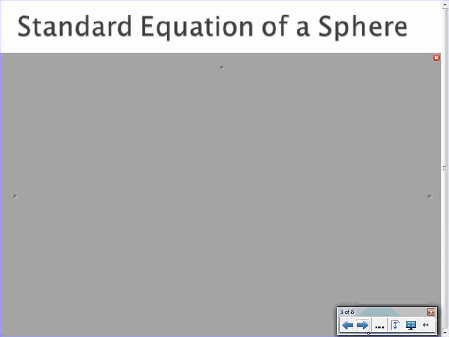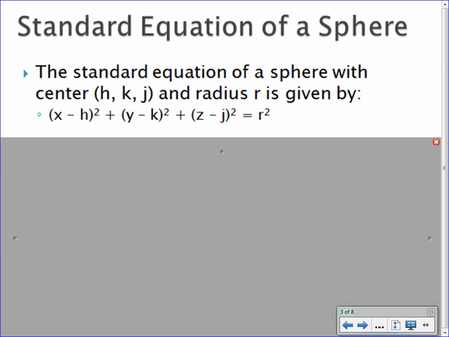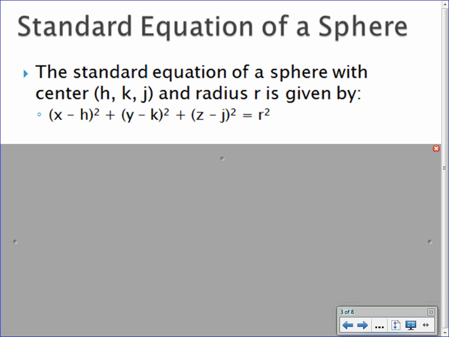Okay, so what are the properties of a circle? All the points are equidistant from the center. Okay? So here we have points equidistant from the center, but we're just in 3 dimensions, so we create a sphere.